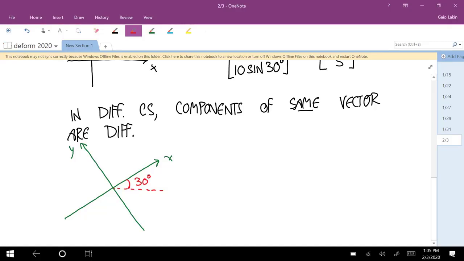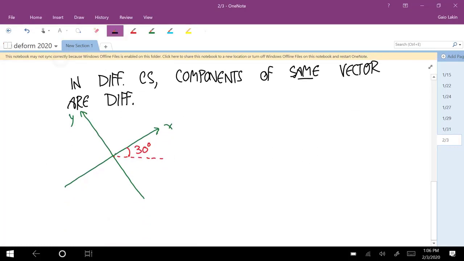Then if we take our original vector and put it in this coordinate system, you can see that it would just line up perfectly with the positive x-axis. This has a magnitude of 10, so the components here, it just goes straight 10 along the x-axis. There's no component in the y direction. And so the components here are 10, 0.